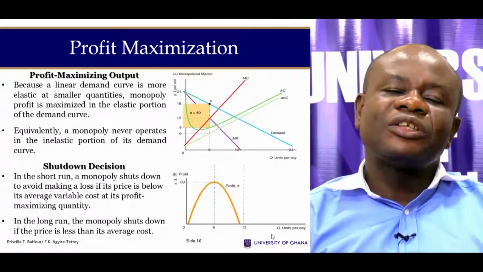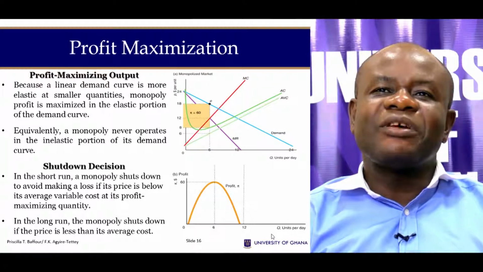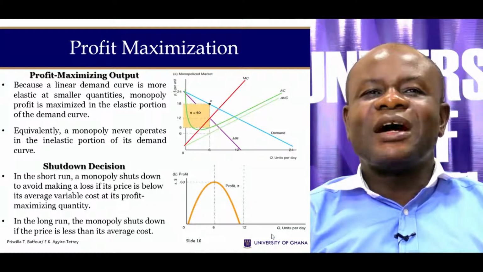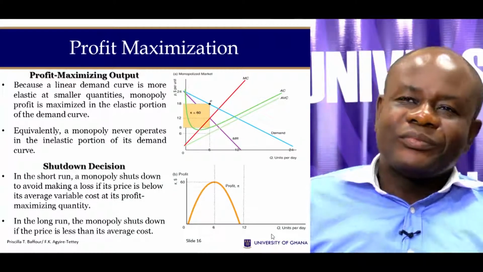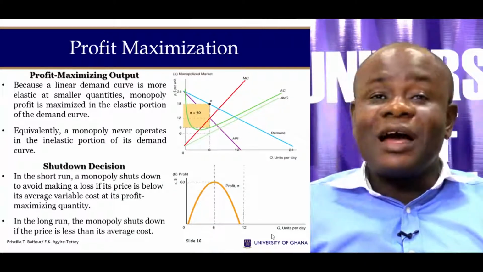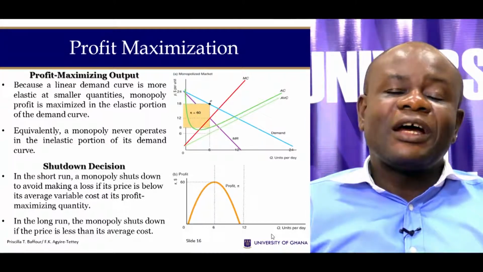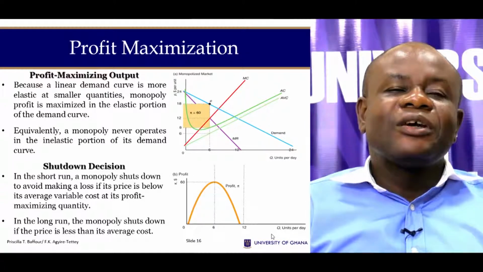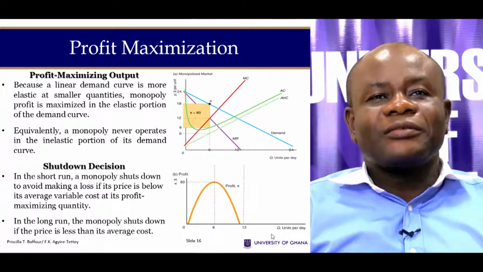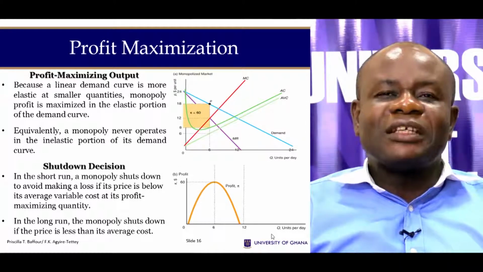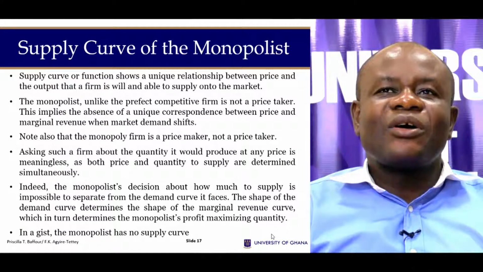This is because we have a situation whereby the marginal revenue lies below the demand curve. So under the monopolistic market, the price that the firm charges is greater than the marginal cost.